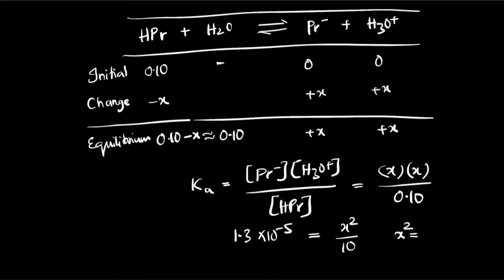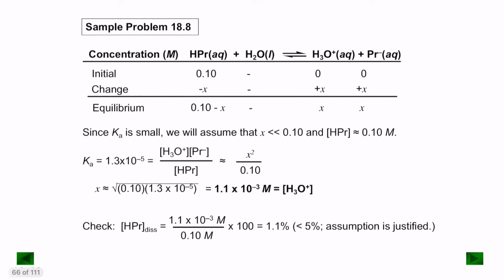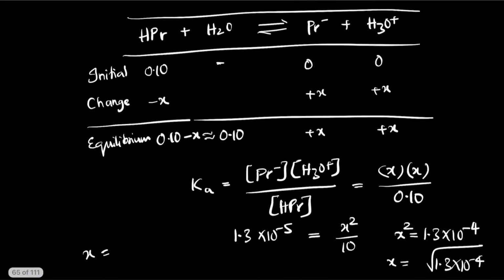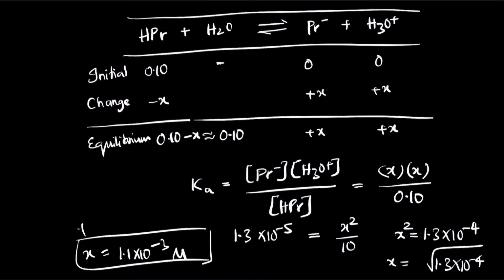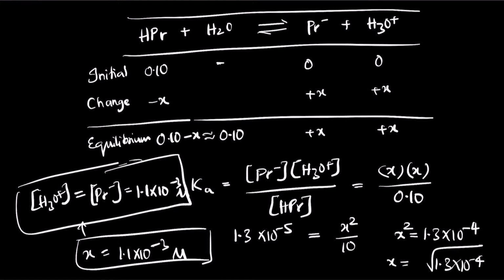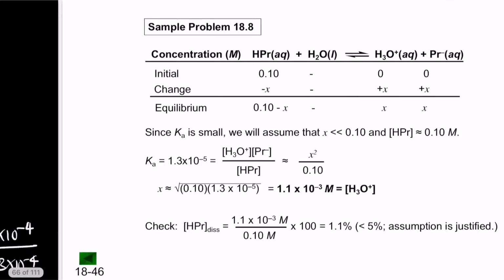So x squared becomes 1.3 times 10 to the power negative 6, and x becomes the square root of that. That x value becomes 1.1 times 10 to the power negative 3 M, which is the H3O plus concentration and also the PR minus concentration. So this is how you can solve weak acid equilibrium problems.